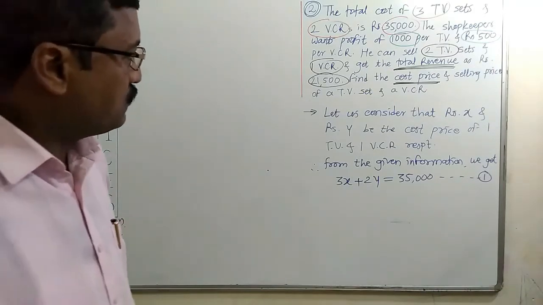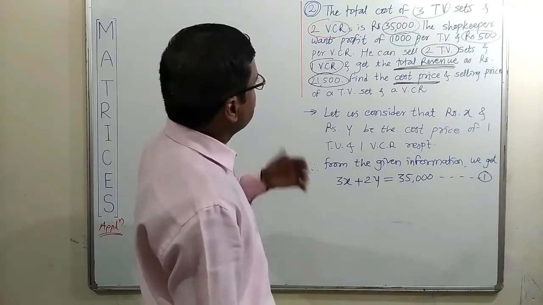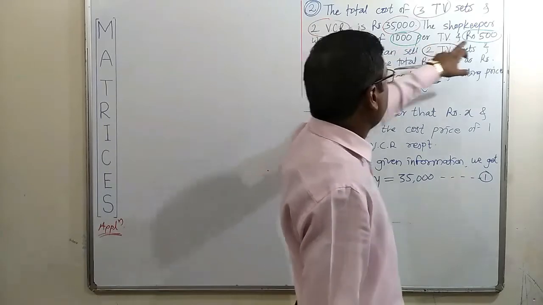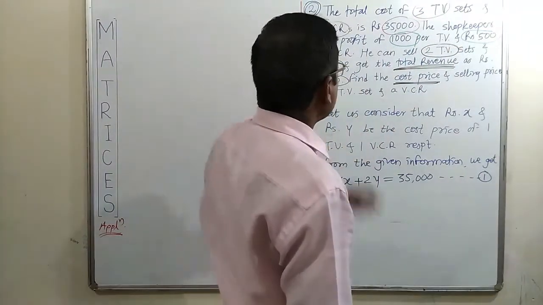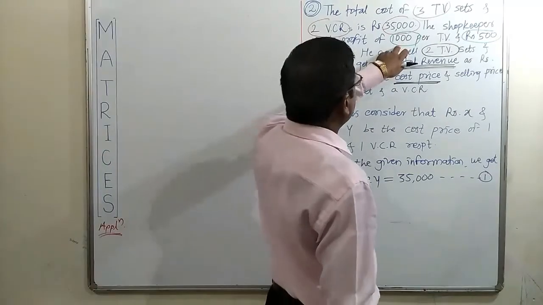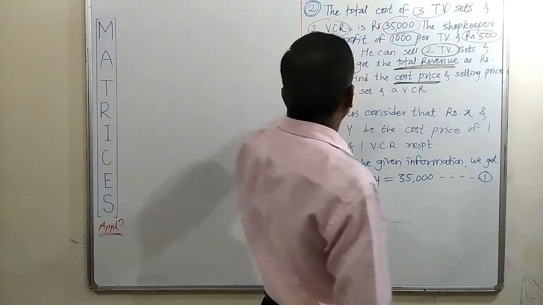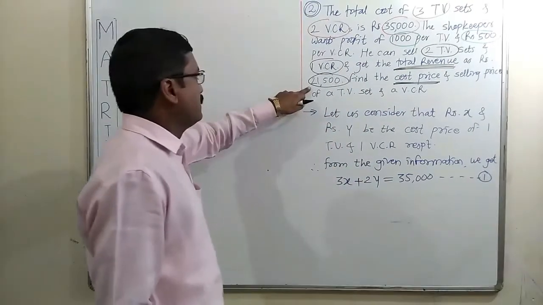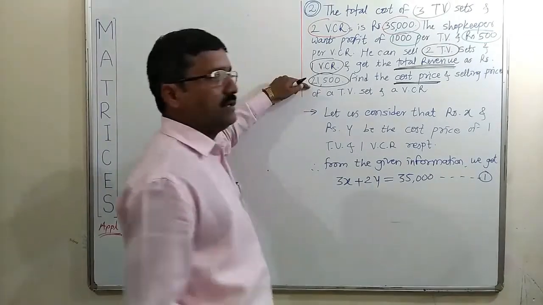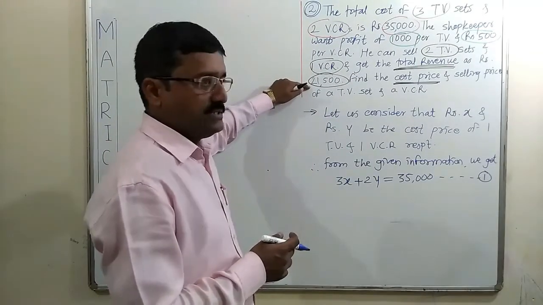Now let us move towards the second equation. For that, what is given? The shopkeeper earns a profit of rupees 1,000 per TV and rupees 500 per VCR, and the total revenue is given as 21,500. This is the total amount he obtained by selling 2 TVs and 1 VCR.